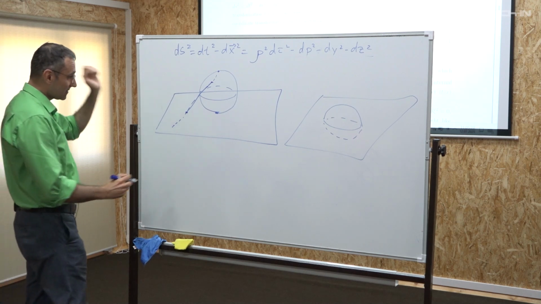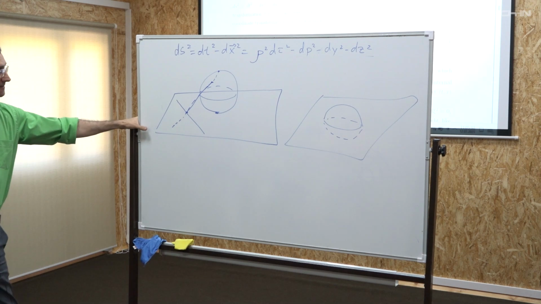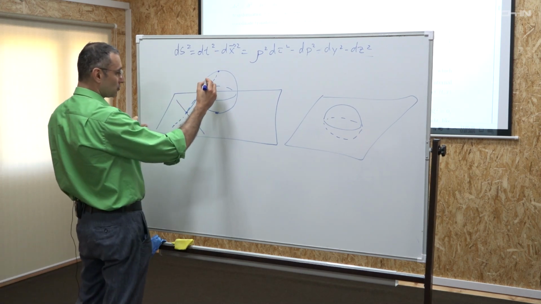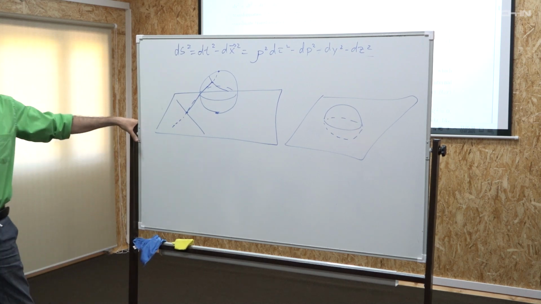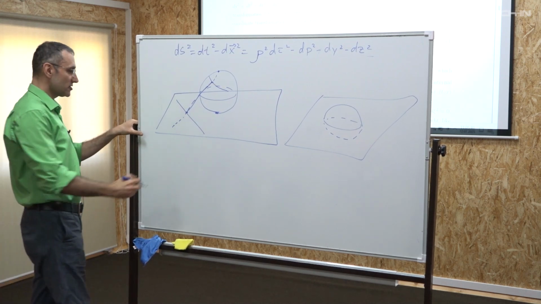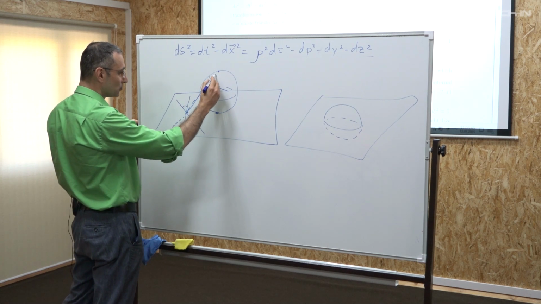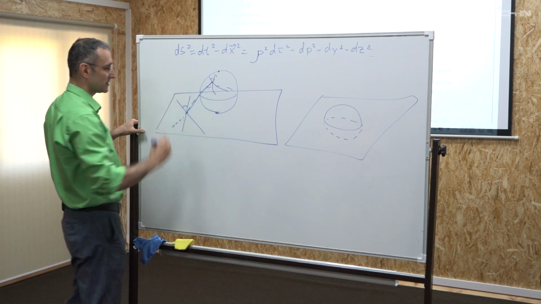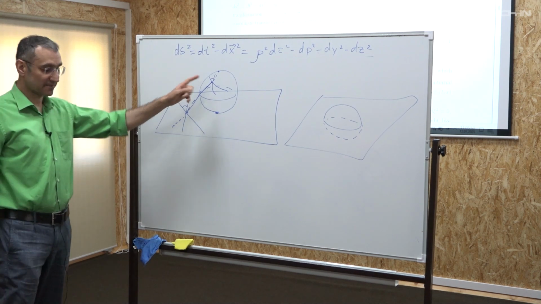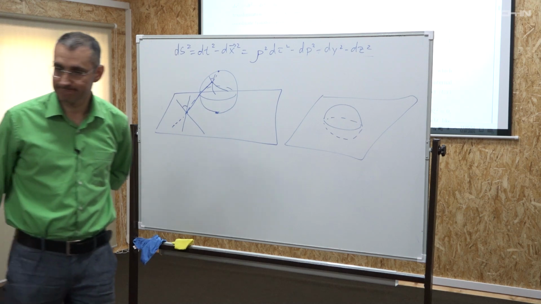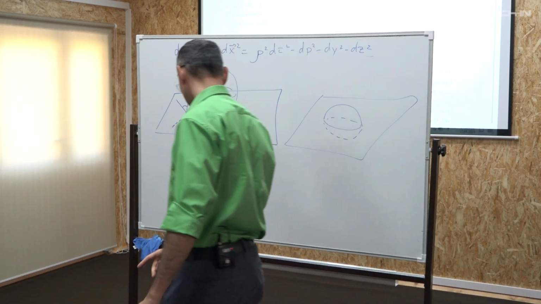You can check that if you draw lines on the plane, they correspond to circles on the sphere, actually big circles. And moreover, you can check that 2 lines intersecting at some angle correspond to 2 circles intersecting at the same angle. So this map respects angles. It's a conformal map.